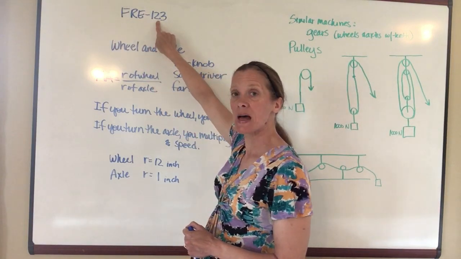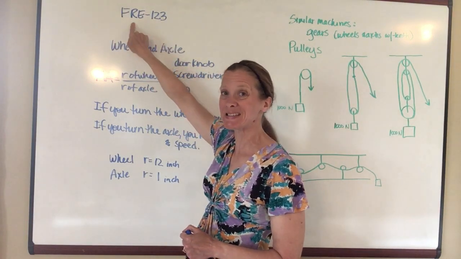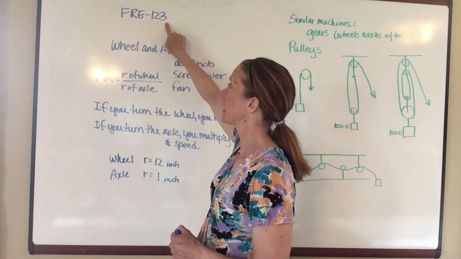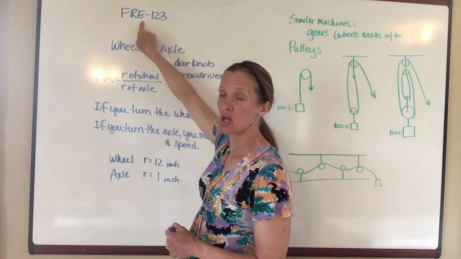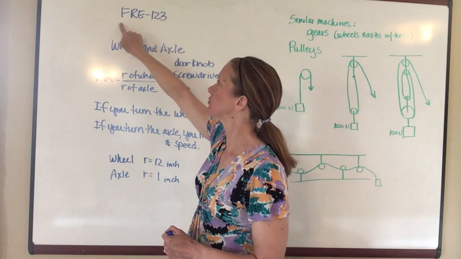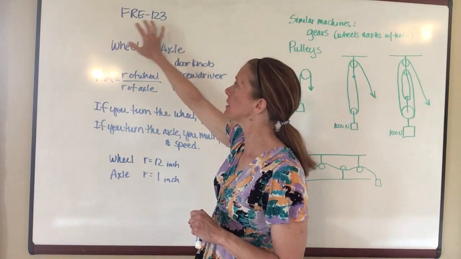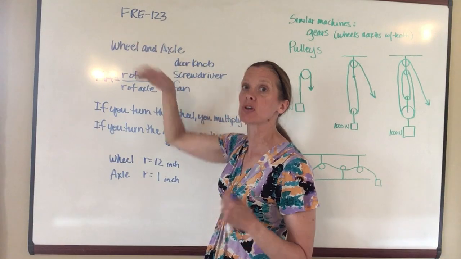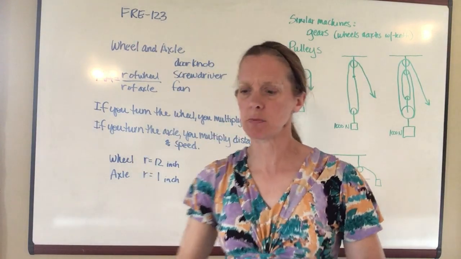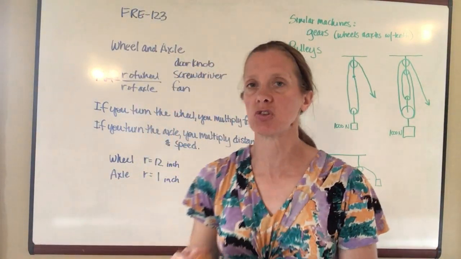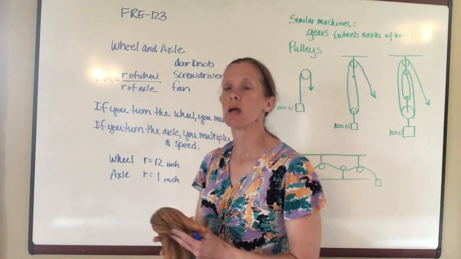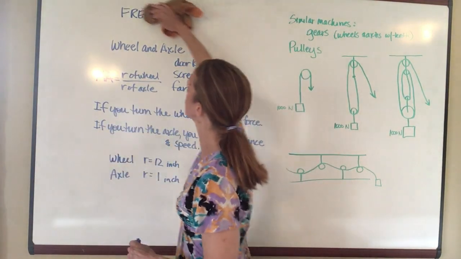A second class lever will have the resistance in the middle, and a third class lever will have the effort in the middle. So this free 1, 2, 3 is just some free advice to help you keep track of which kind of lever is which. Because I had forgotten to mention that before, I wanted to make sure that I mentioned it now so that you can keep those different kinds of levers straight.